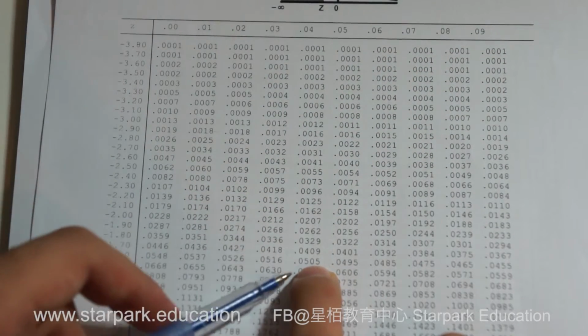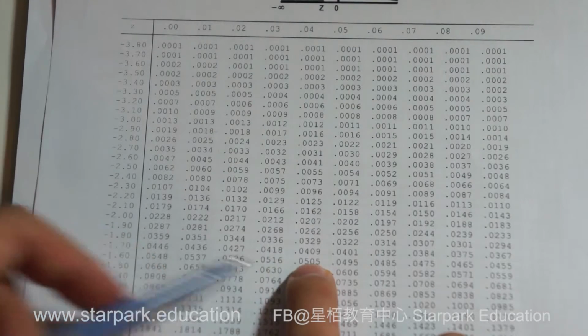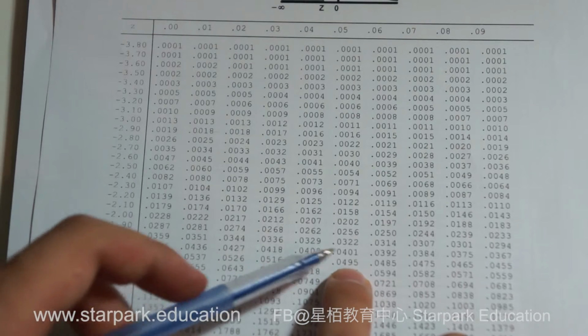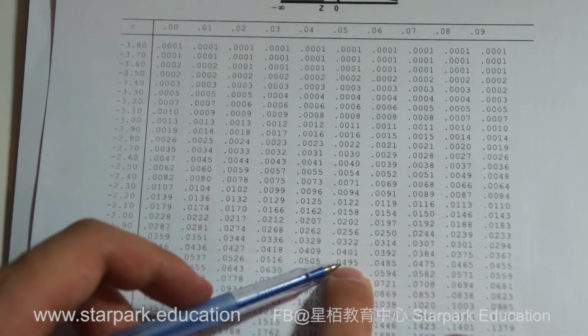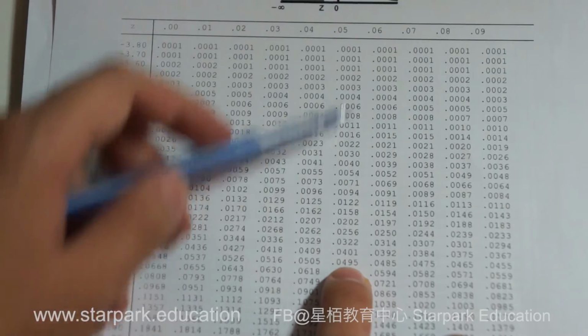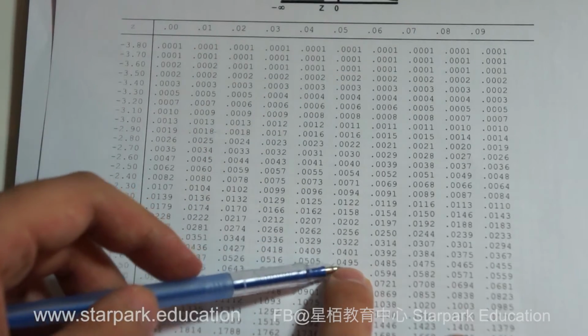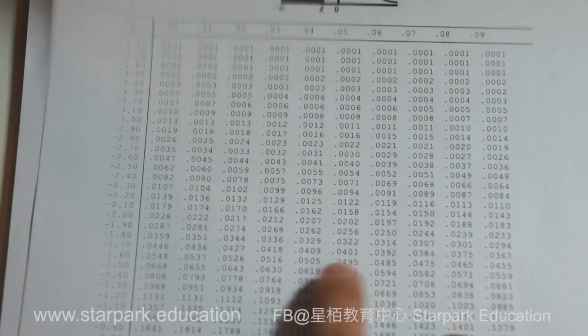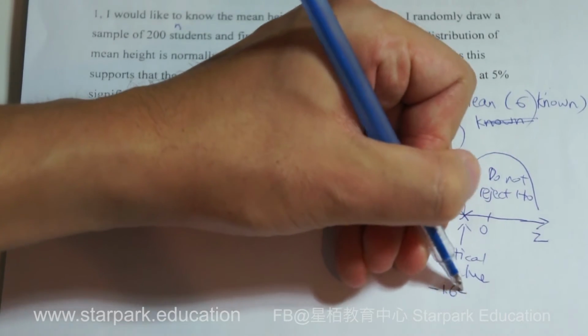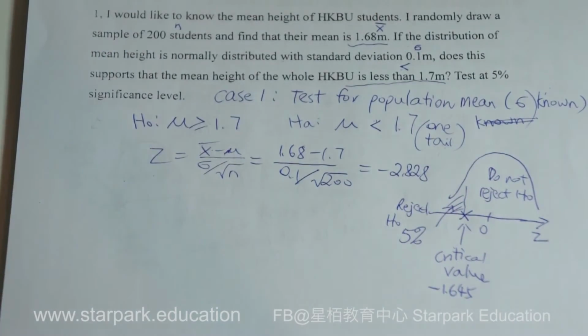For 0.0505, we have minus 1.64, and for 0.05495, we look horizontally and vertically, so we have 1.65. If we take the average, that will be the critical value. So finally, minus 1.645 should be the critical value here.